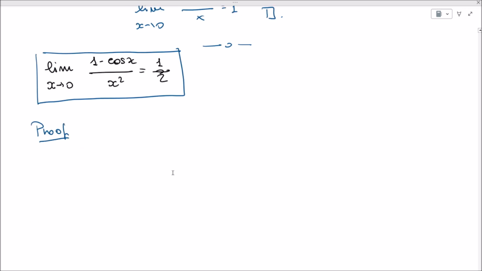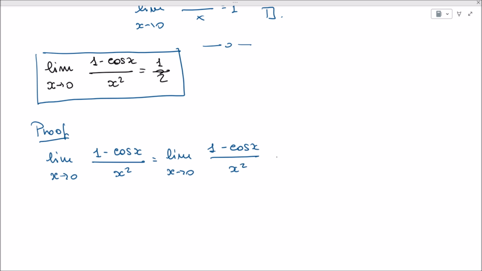Okay, so we can say that the limit as x goes to 0 of 1 minus cosine of x divided by x squared is just equal to the limit. Nothing changes if we repeat exactly 1 minus cosine of x divided by x squared, but then we multiply and divide by 1 plus cosine of x.